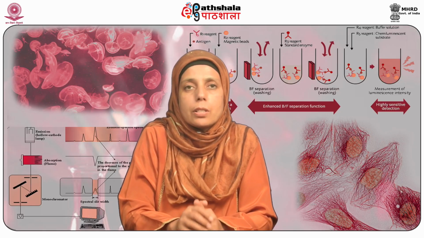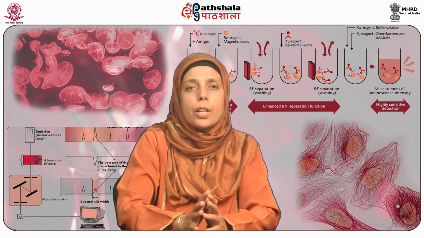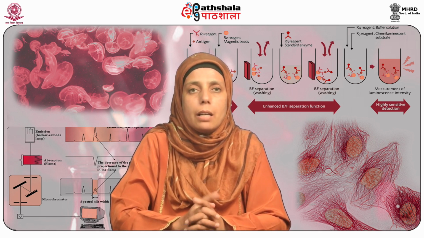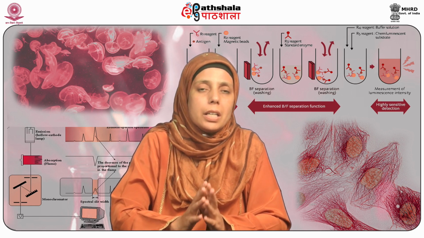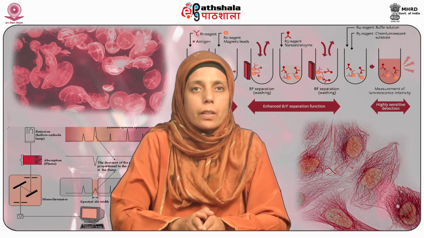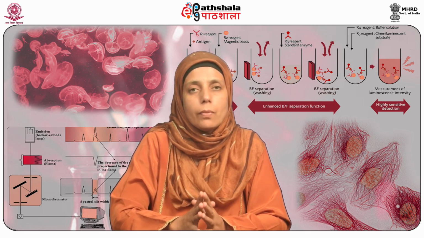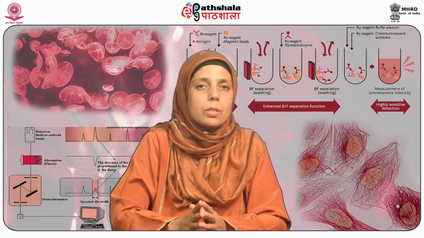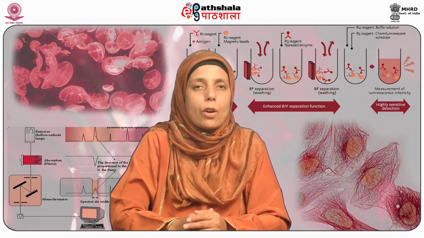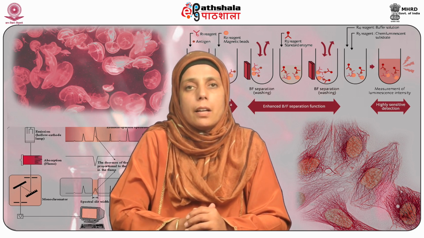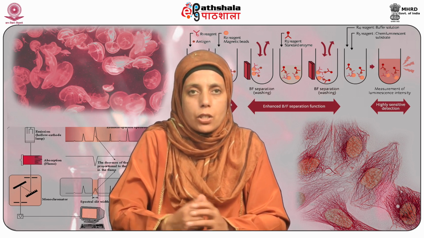So coming to the introduction, we already know atomic absorption spectroscopy, which involves analysis of the elements by use of heat or in the form of flame. In the case of optical emission spectrometry, almost similar methods are used, but there is a basic difference of using a stand and generating a spark as the excitation source.